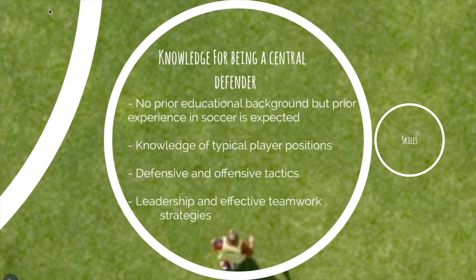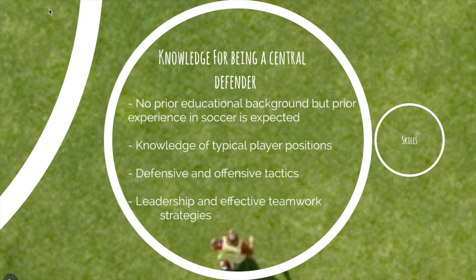Typical qualifications stem from potential employees' educational backgrounds and their professional histories. In this job description for the role of central defender, we found that there was no prior educational background required. However, professional history was quite stringent, in which prior experience at a professional level was required.